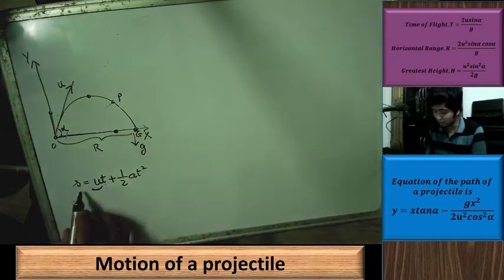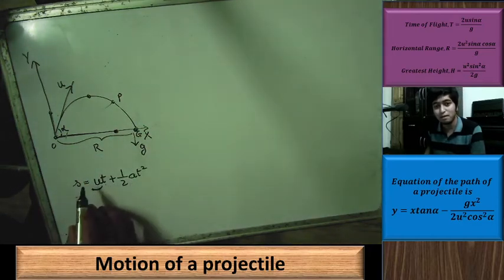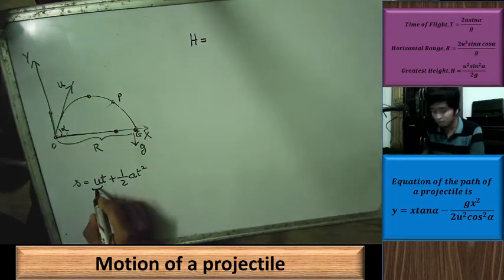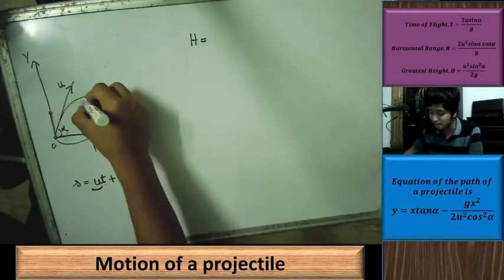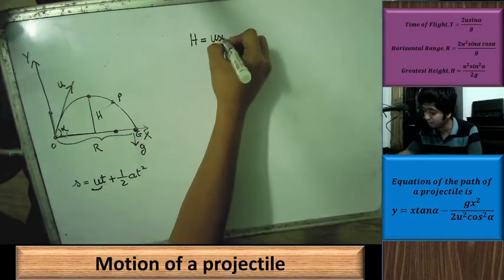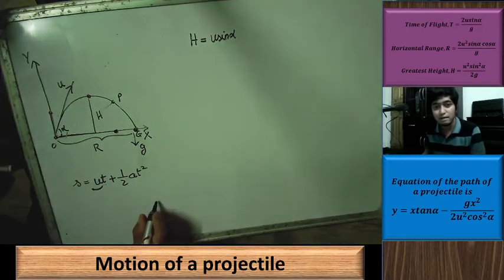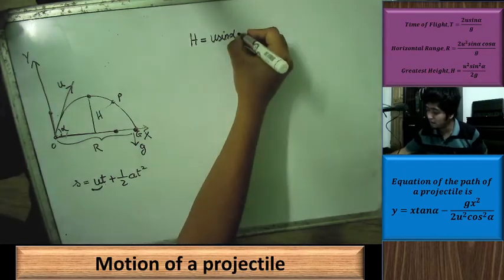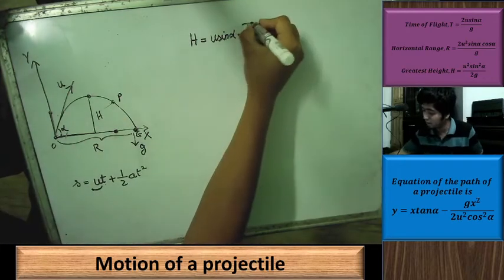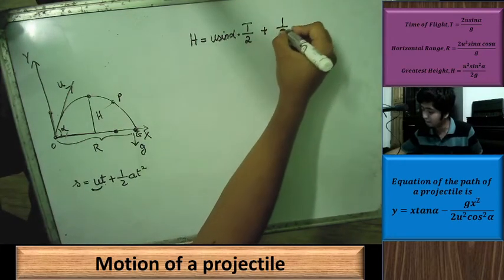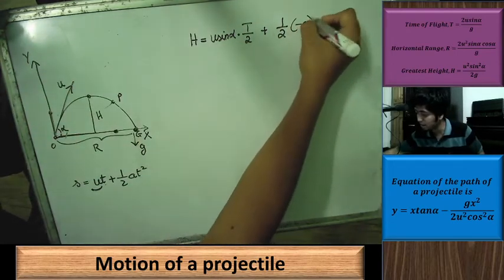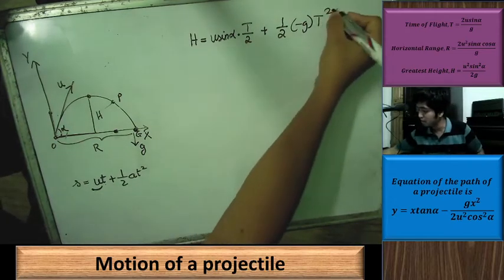Again, for h, because we are measuring the distance vertically, instead of u it will be u sine alpha, times t, and the value of t will be t by 2, plus half, and the value of a, the acceleration due to gravity measured upwards, will be minus g, and over here will be t squared.